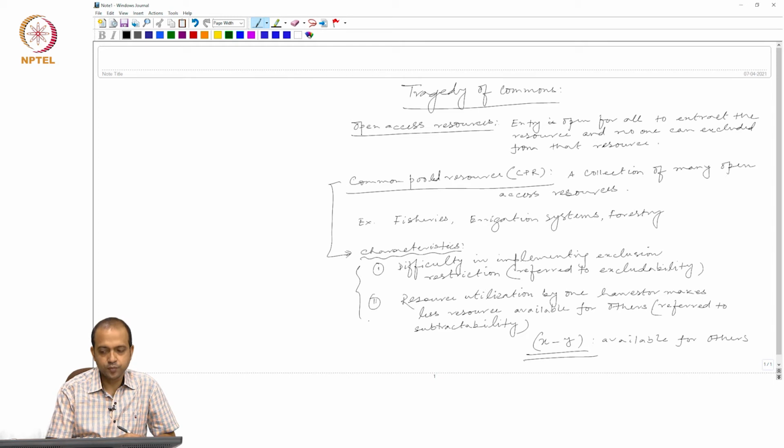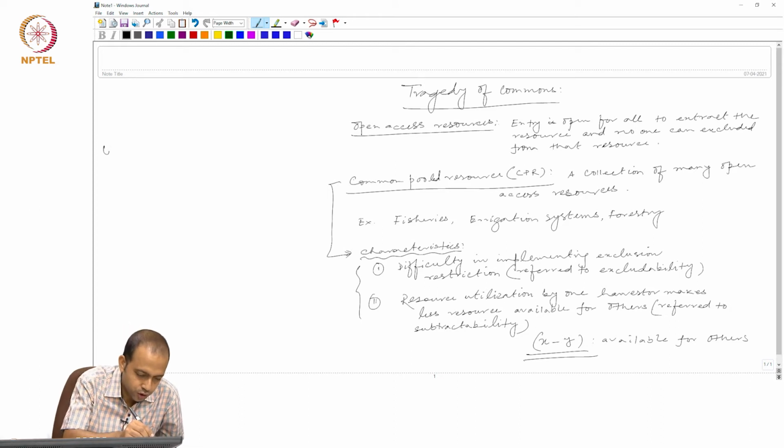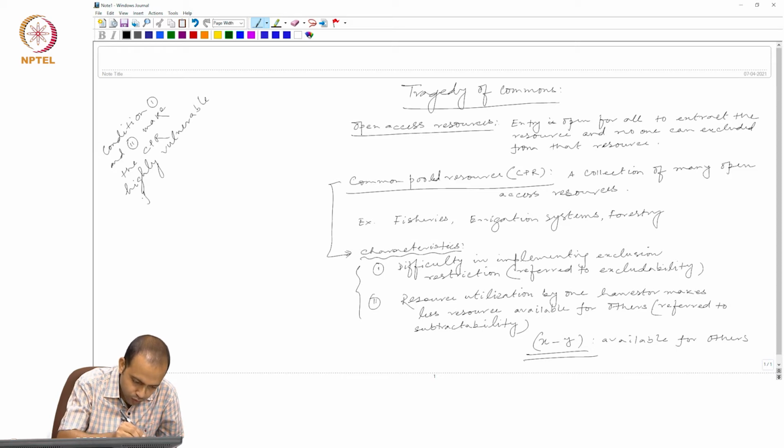Now, these two features, non-excludability, that is, difficulty in implementing exclusion, and the subtractability condition, conditions 1 and 2, make the CPR highly vulnerable from the management perspective.